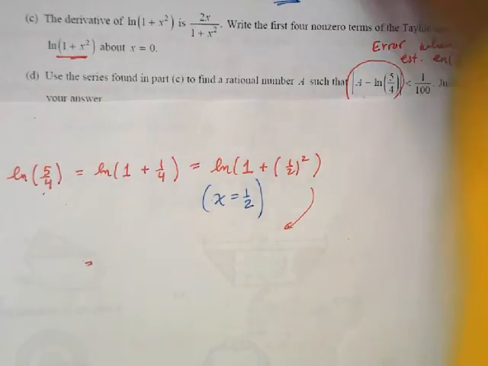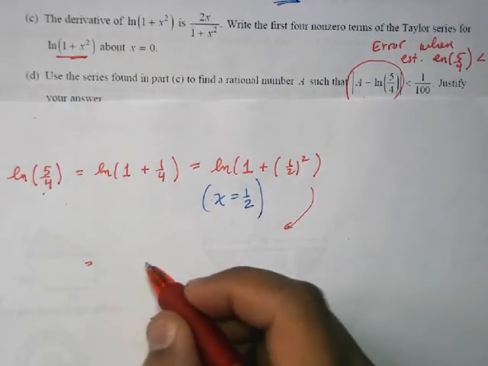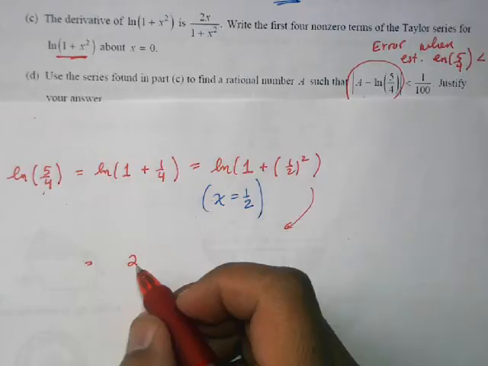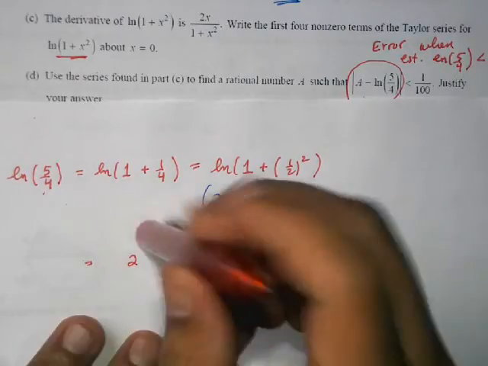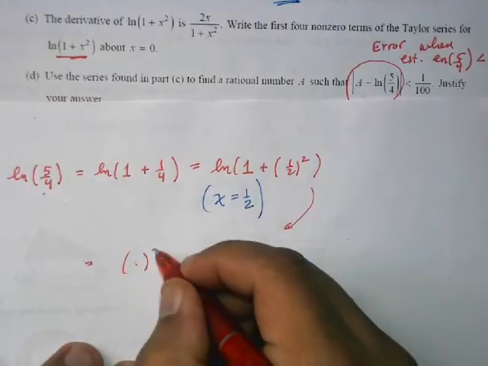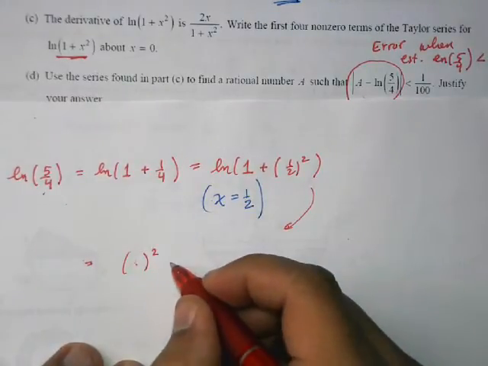So continuing down here, this is all equal to a function that we found in part C, which is x squared.